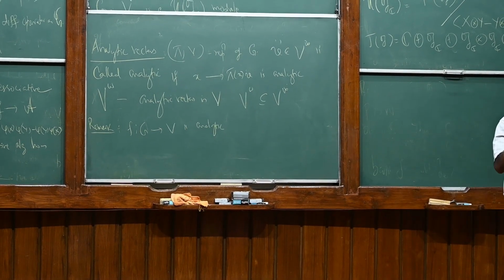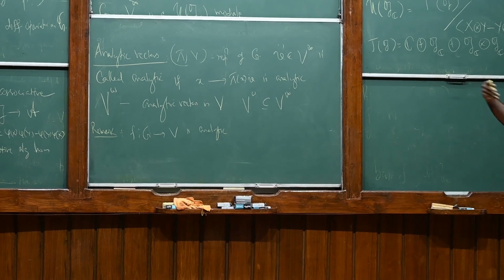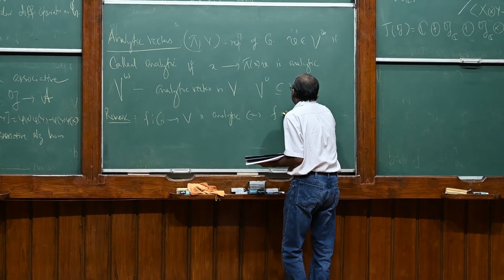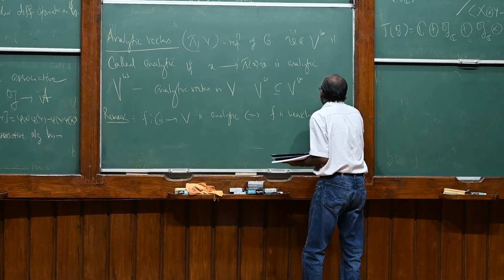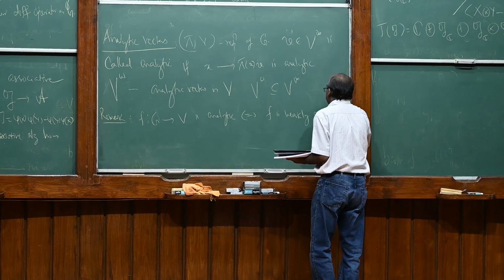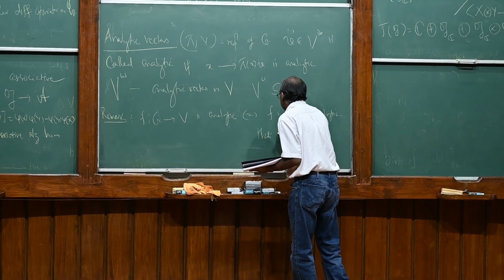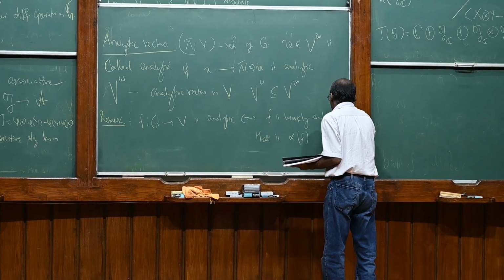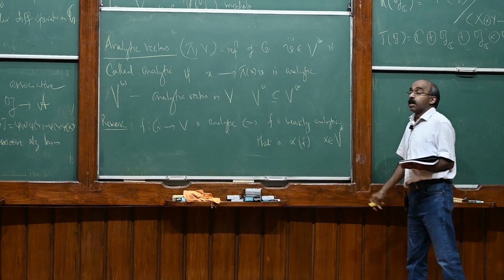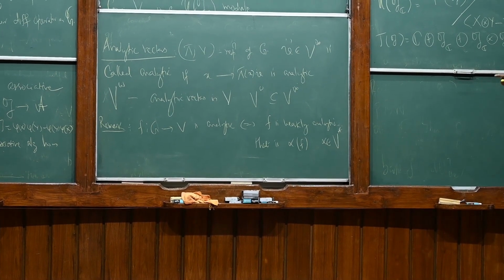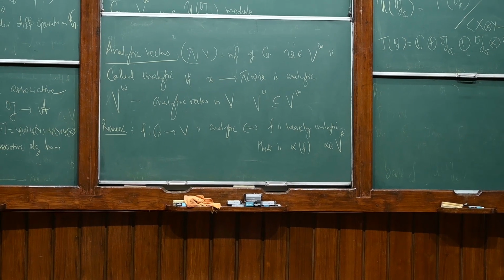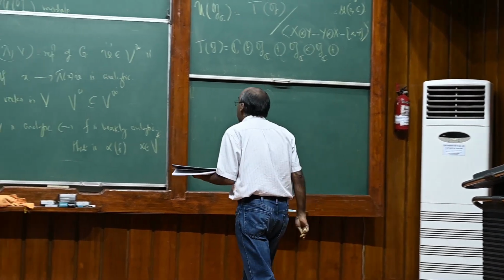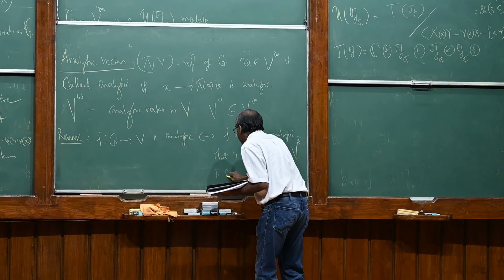You take a point, there is a neighborhood where the power series expansion will converge in V, which is the same as saying weakly analytic, which means that alpha of F, where alpha is a continuous linear function on V taking values in the complex plane, is a map from G to the complex plane, so that is the usual function being analytic.